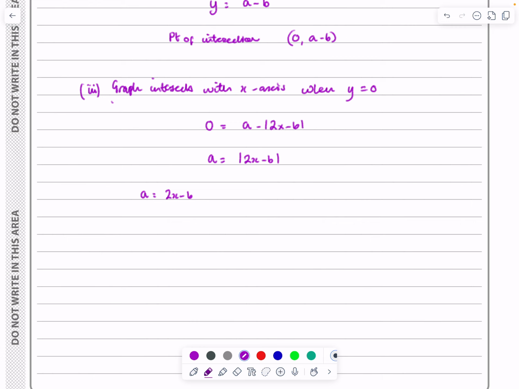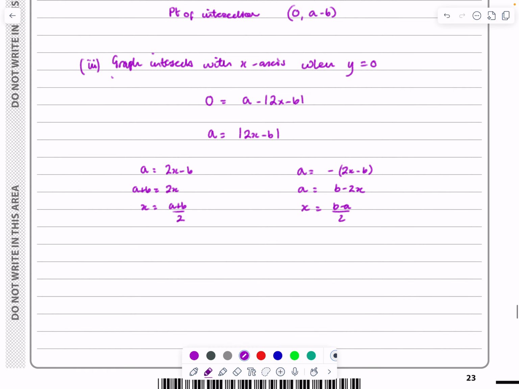I want to get x equals, so a plus b equals 2x, so x is equal to a plus b over 2, and we could have had a is equal to minus 2x minus b, which would give me a is equal to b minus 2x there, and if I rearrange that quickly, I'll get x equals b minus a, all over 2.